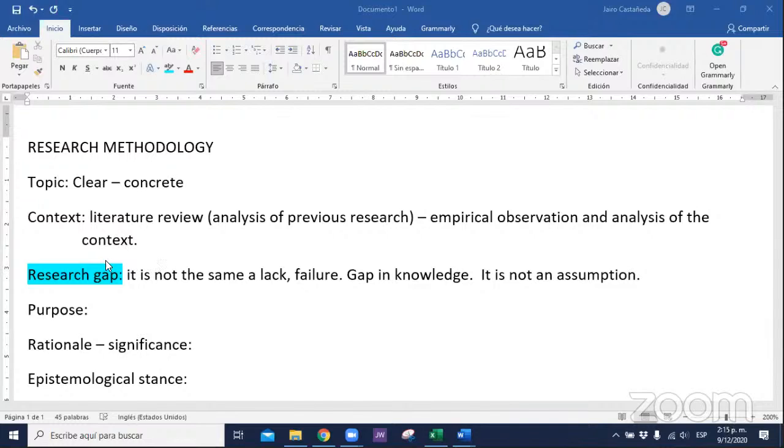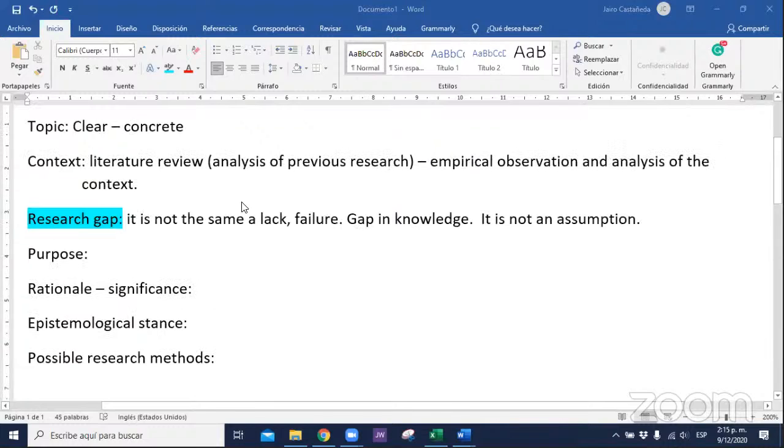That is why I told some of you to wait, don't rush into making questions or objectives, because most of you haven't analyzed this part. You haven't stated what the context is going to be. So it is probable that the research gap you are assuming is just that, an assumption.